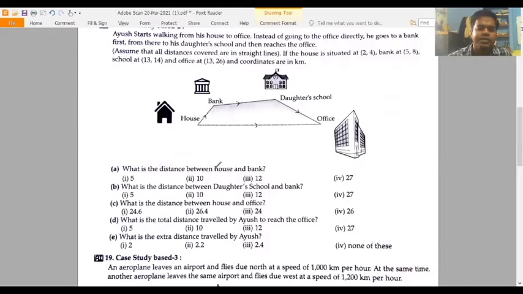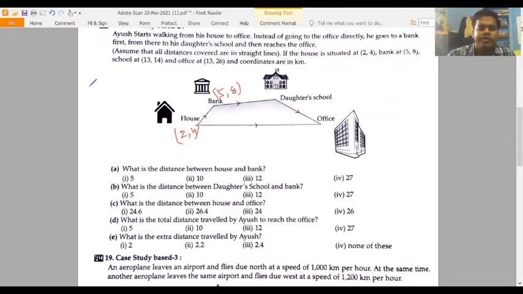What is the distance between the house and the bank? The house point is 2,4 and the bank is 5,8. What is the distance between these two points?